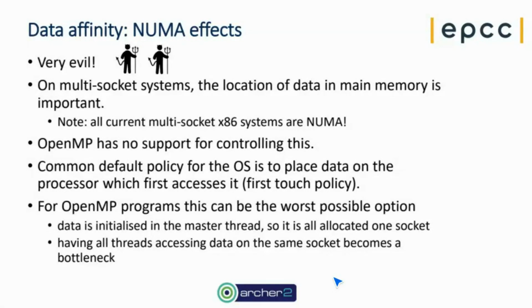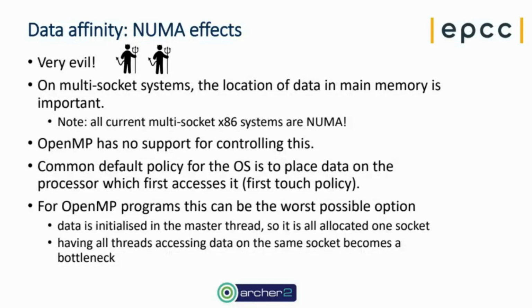Recent versions of OpenMP have added support for memory allocators, so if you have a NUMA-aware memory allocation library, then you can use it. There are semi-portable ways of using that through OpenMP, but you don't have direct control.